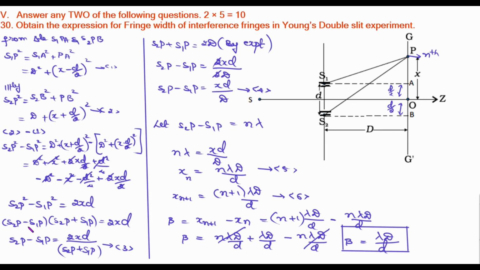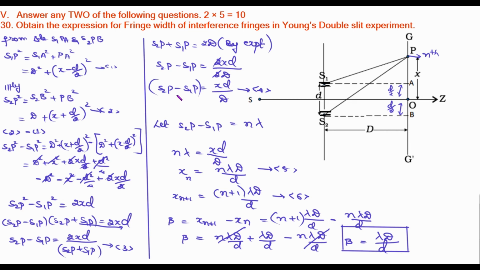So if we split it in a plus b into a minus b format, expanding, we get S2p minus S1p into S2p plus S1p. So take this to the denominator. S2p plus S1p from the experiment is 2D, substituted, it cancels. So this S2p minus S1p is actually the path difference.